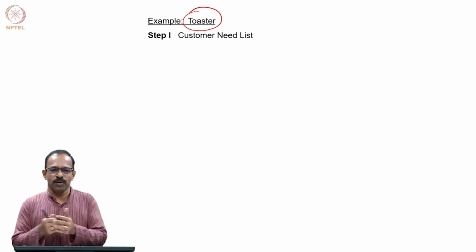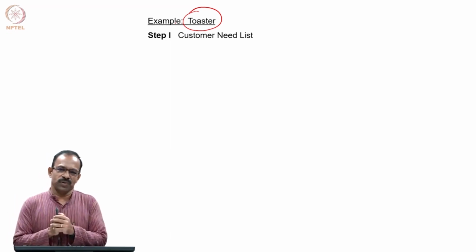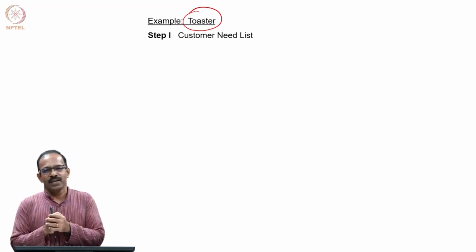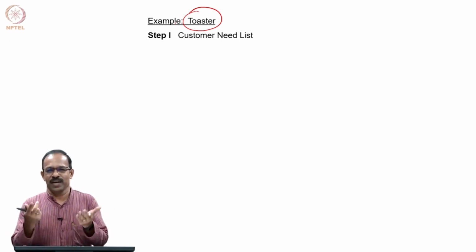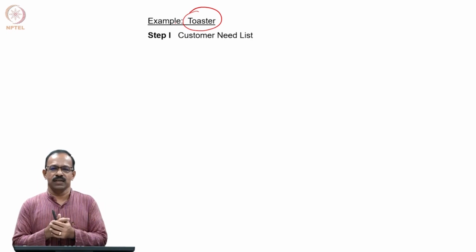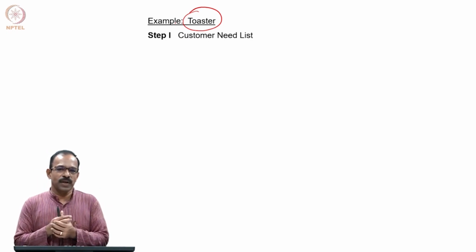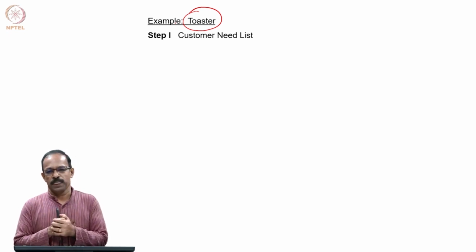You would like to have breakfast in the morning, you prepare breakfast and go to your work, and the easiest thing is to toast bread and have bread and butter or something. So, you will be looking for a toaster so that you can quickly get your breakfast done.